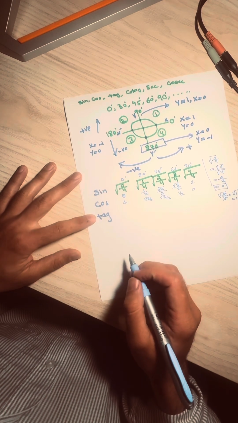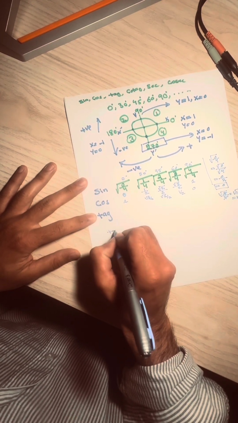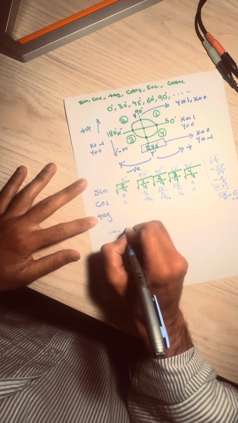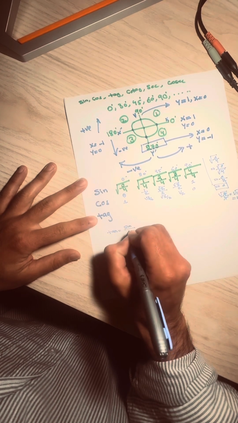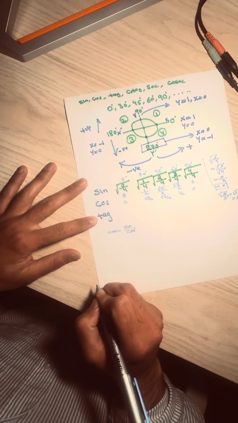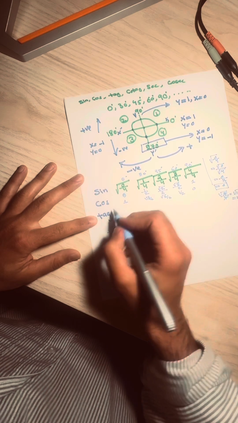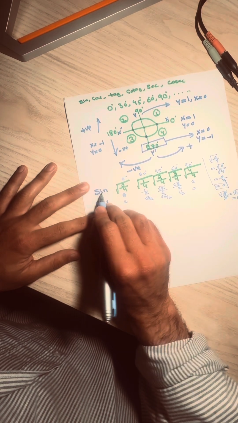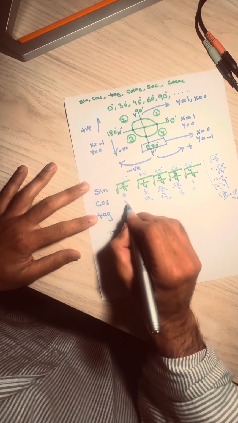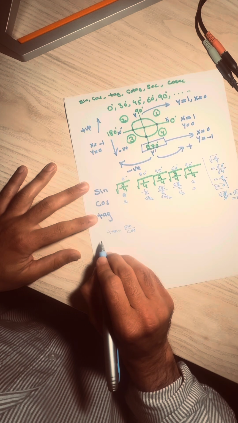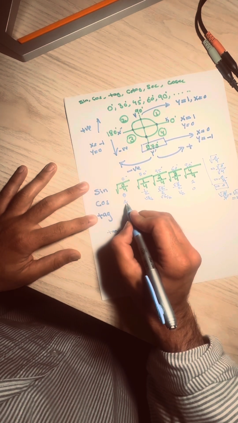Now for tangent. If you remember, what's tangent? Tangent is sine by cosine. Yeah? So what you gonna do in here? Divide sine by cosine. Yeah? So 0 by 1.